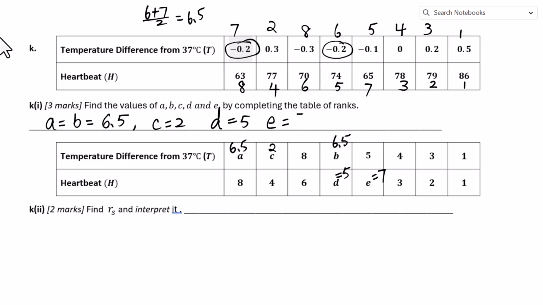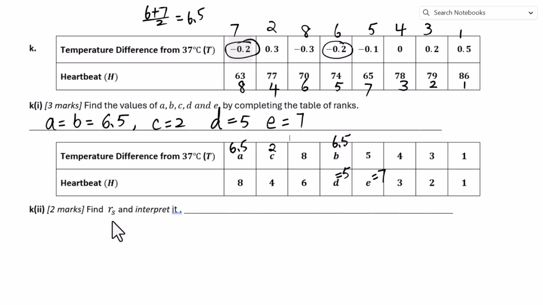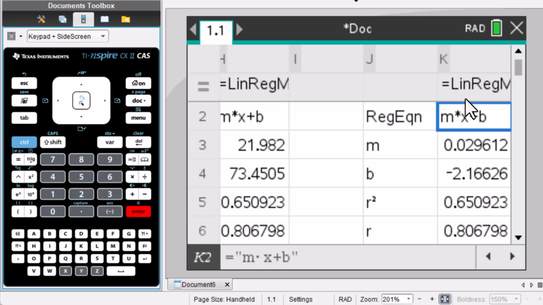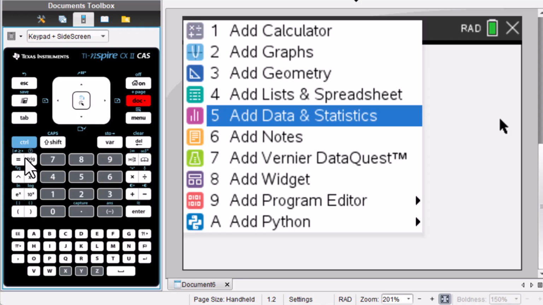A equals B equals 6.5, C equals 2, D equals 5, E equals 7. We will put this rank into the calculator to get this R sub S, which is Spearman's correlation coefficient. If you don't want to erase this, you can create a new page, Control Doc, add 4, spreadsheet.